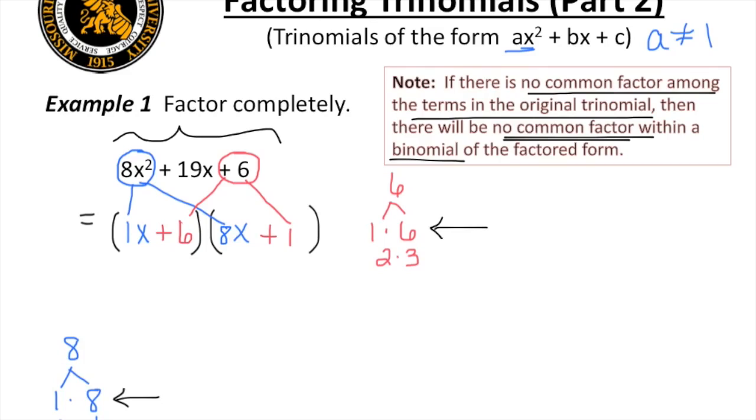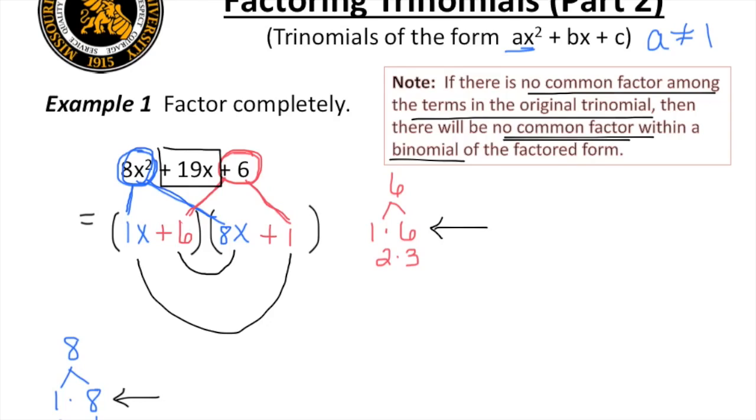Now neither binomial has a common factor, which is a good thing. So we're confident that 1x times 8x gives us the 8x squared in the front of our trinomial, and we're confident that plus 6 times plus 1 gives us the positive 6 at the end. The question now is whether the sum of the inner product and the outer product give us the middle term.